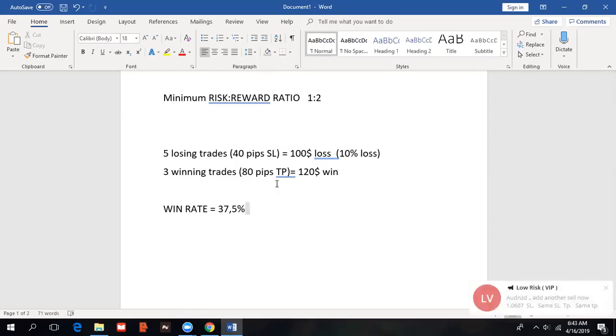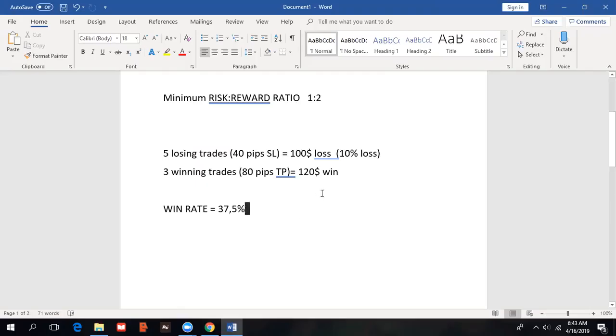And the reason why you need to wait until your trade goes to take profit or your trade goes to stop loss and don't close it before. What you can do is to close half of your lot and move stop loss to the entry point, just in case you want to protect your capital and you want to protect your money. And this is a really good thing to do, to bring your stop loss to the entry point.